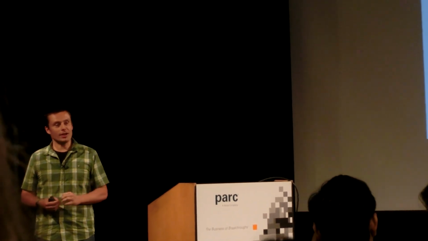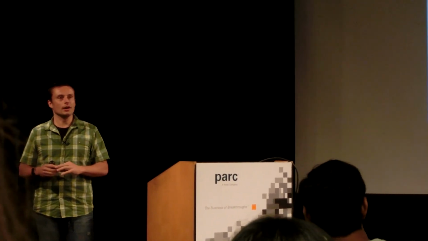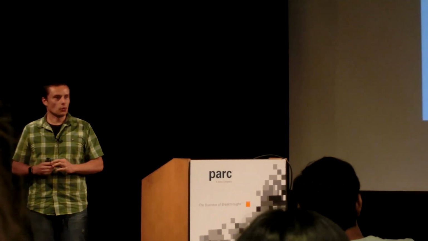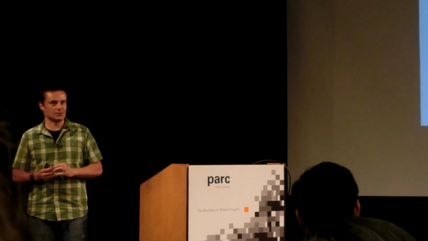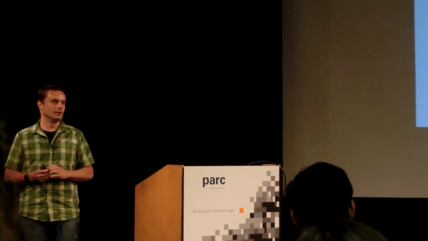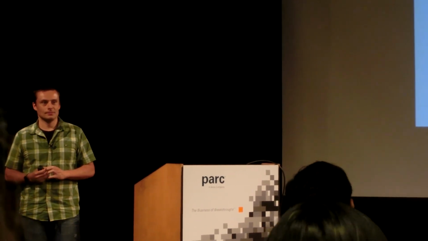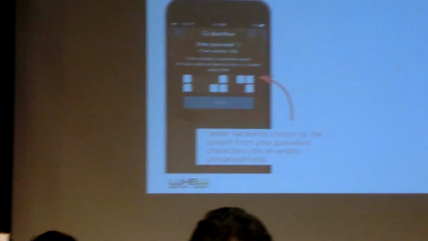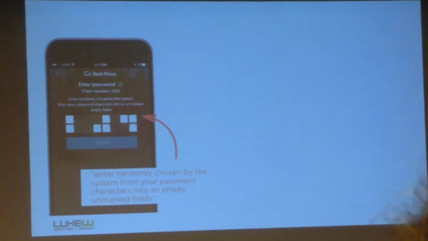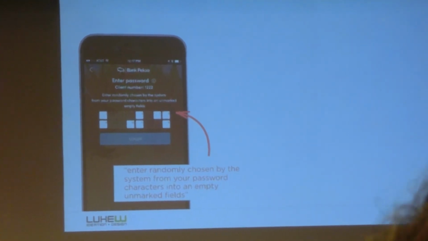You can come into a branch and we'll reset your password for you. Yeah, right. I'm in the US. Oh, well, you can get a notarized form that says you'd like to reset your password and send it over to us via mail. And then we'll let you back into your account. True story. And then they did that, and then I came back to the screen. I still couldn't freaking figure it out.